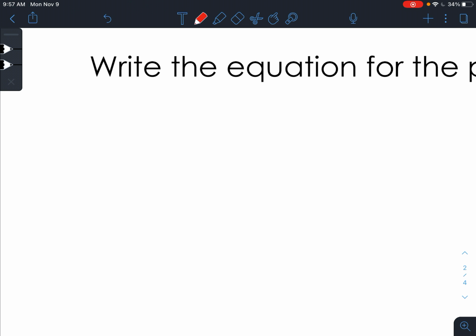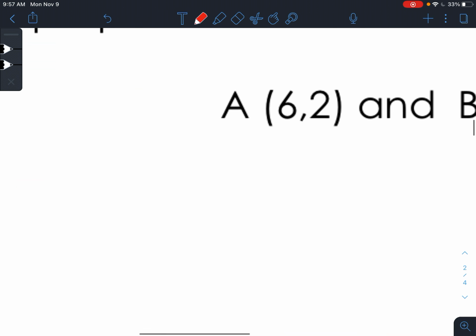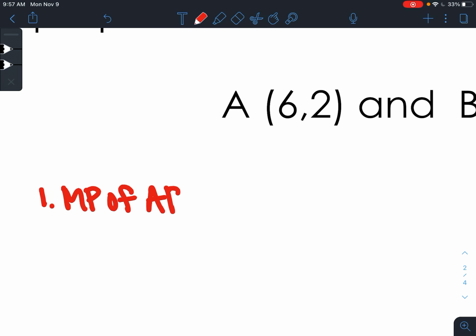So if I wanted to real quick sketch what I'm going to do with the perpendicular bisector, let's say that this is segment AB, and I want to sketch that perpendicular bisector. The first thing I would do is eyeball the midpoint. And so that's going to be my first step. So my first step when finding the perpendicular bisector is to find the midpoint of AB.